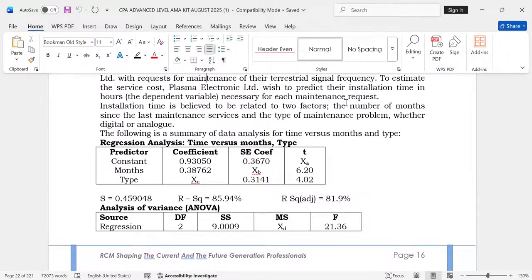It was 1.2627 x2. And then don't forget that this was installation time equals 0.93050 plus 0.38762 x1. X1 was what here, somebody? Months, isn't it? Plus 1.2627 IPS type.